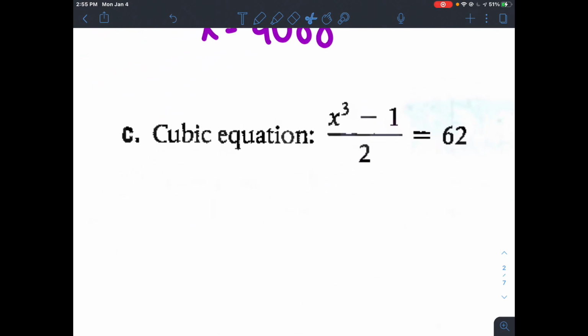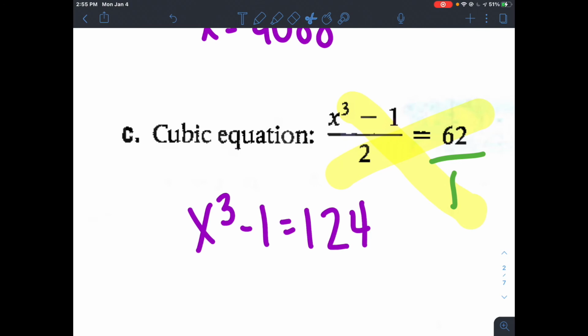And then solving this cubic equation, it's cubed because it's x cubed. I'm trying to solve for x, so I'm first going to cross multiply here. So I have x cubed minus 1 times 1, but I didn't write the times 1, and then 2 times 62 gives me 124.